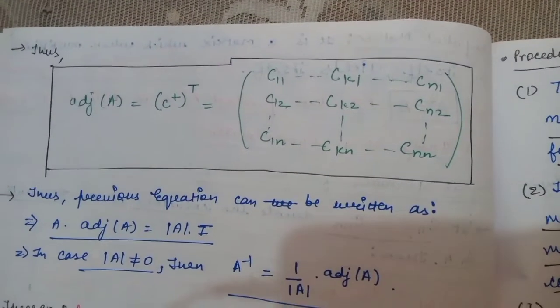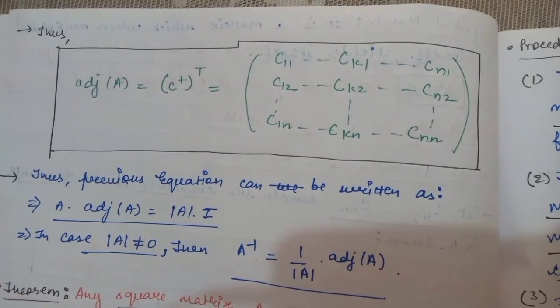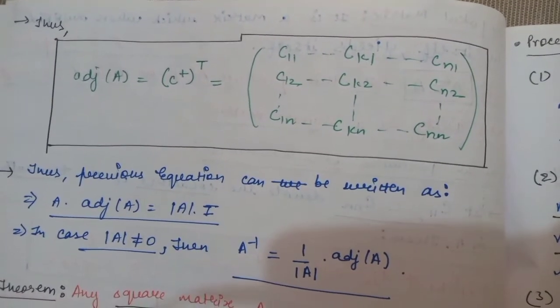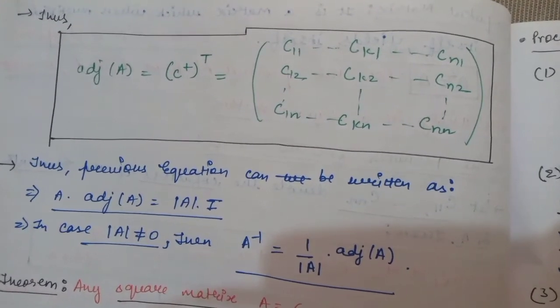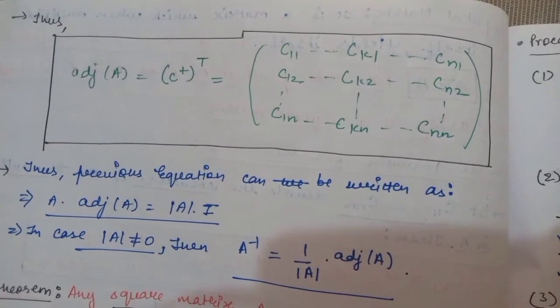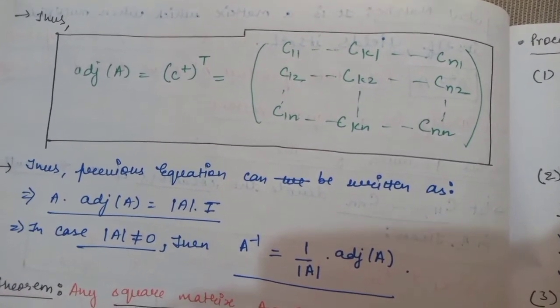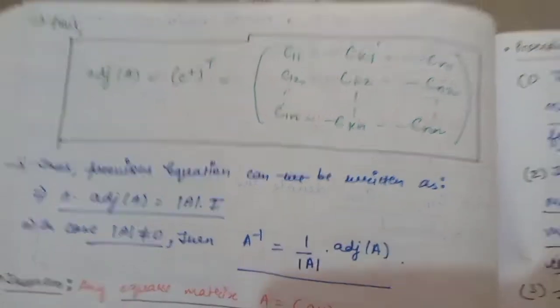And now suppose we have a matrix of cofactors and we transpose this matrix of cofactors, then we get the adjoint of A. As represented by this formula, we have a matrix of cofactors which is being transposed, and that is equal to adjoint of A.